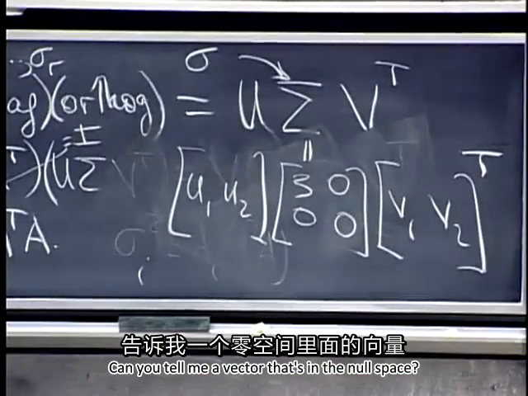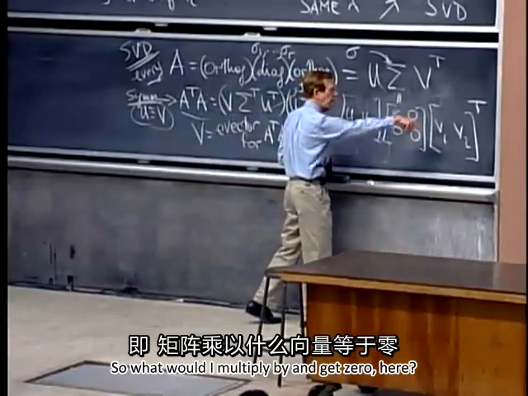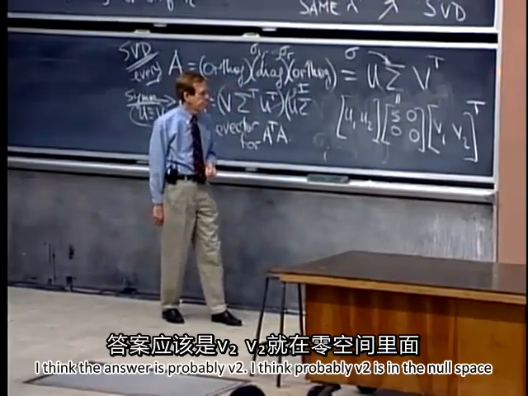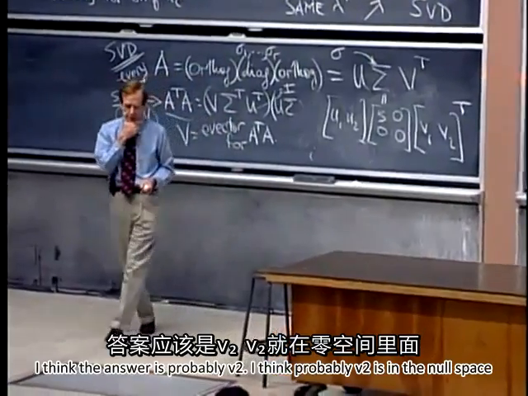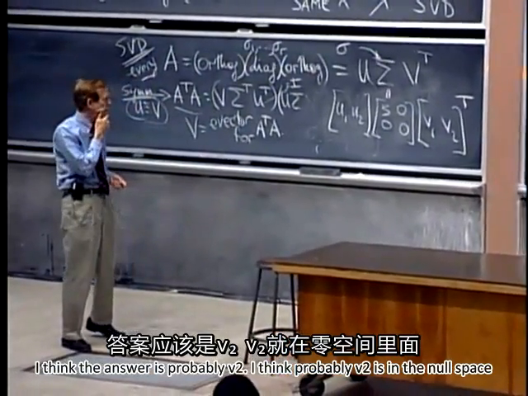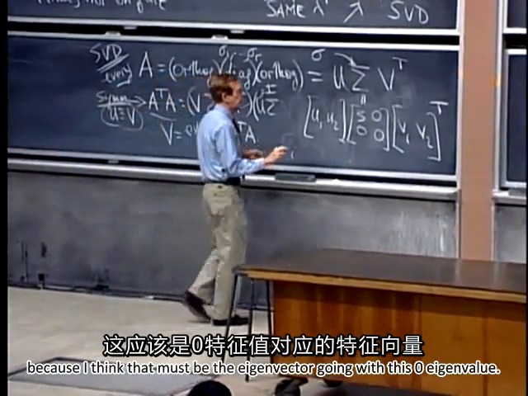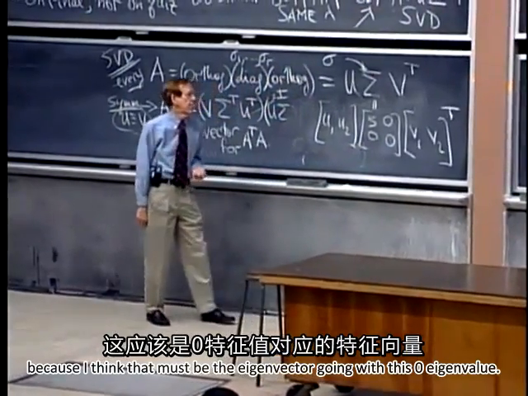Can you tell me a vector that's in the null space? So it's somehow, what would I multiply by and get 0 here? I think the answer is probably V2. I think probably V2 is in the null space, because I think that must be the eigenvector going with this 0 eigenvalue.